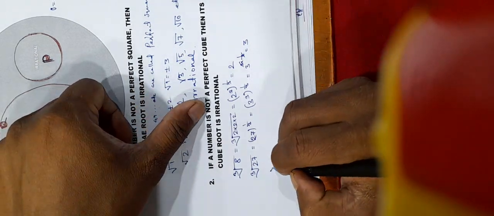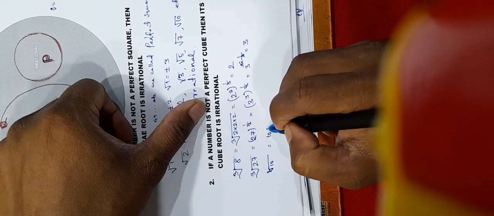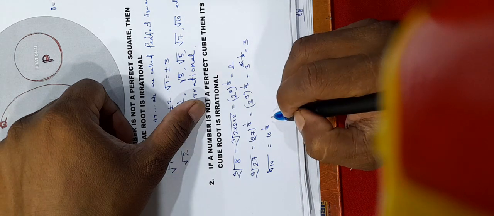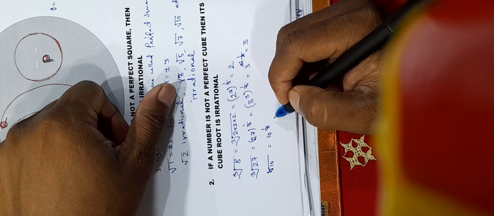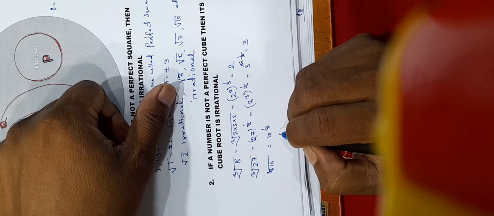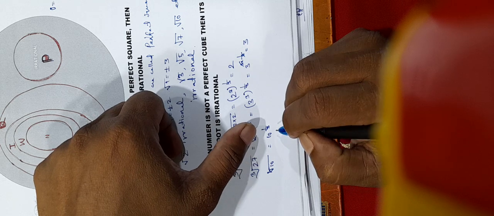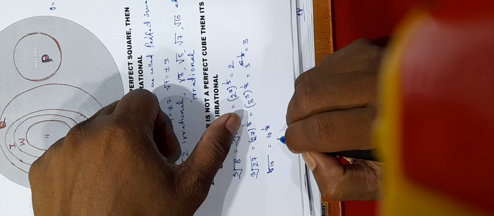Now think about this number, cube root of 10, that means 10 to the power 1 by 3. 10 is not a perfect cube, so we cannot find a number so that it can be expressed as a cube root of 10.